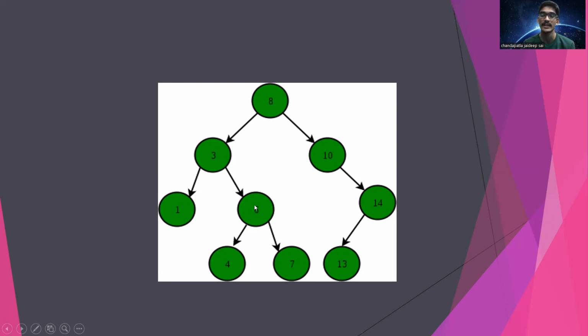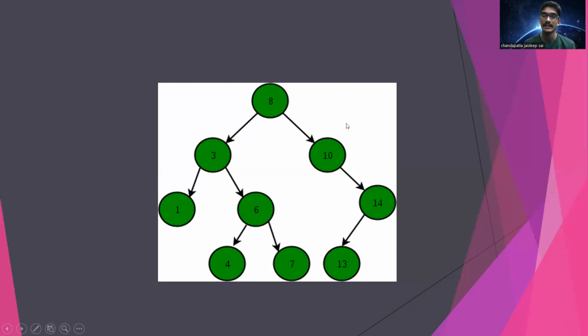So 6 is also a root node now, with left child 4 and right child 7. We can notice that 6 has a left child 4, which is less than 6, and a right child 7, which is greater than 6. So it satisfies the condition of the binary search tree.